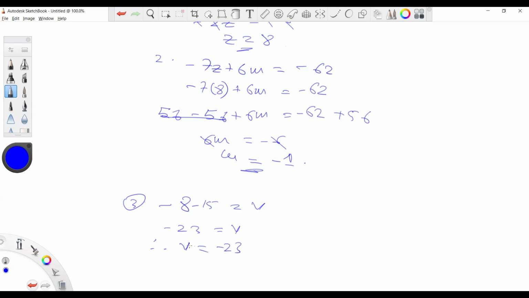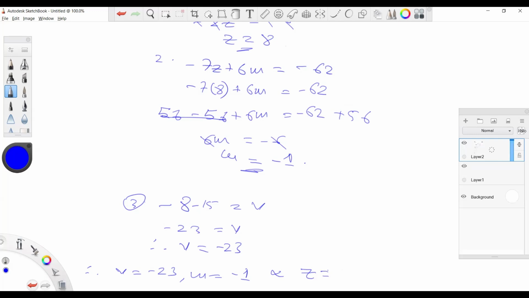So now we've found all of our values, right? We have V is equal to -23, w is equal to -1, and z is equal to 8.